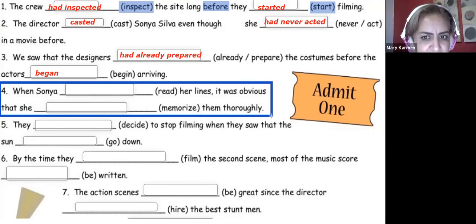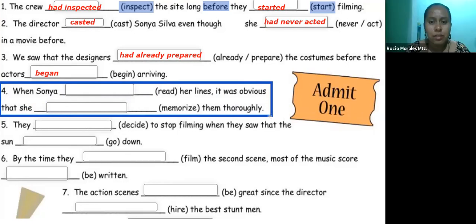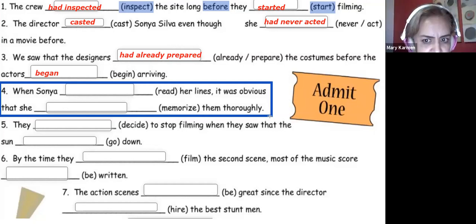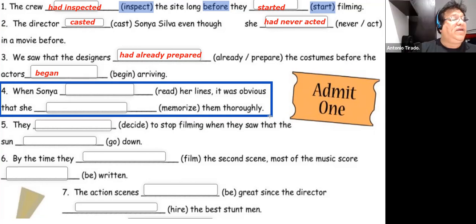I think the older event is the memorizing.